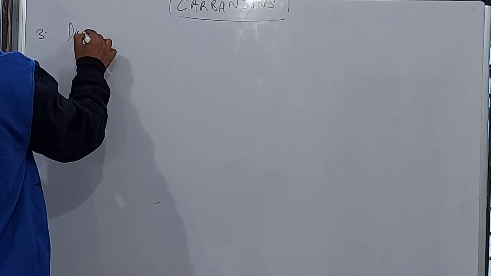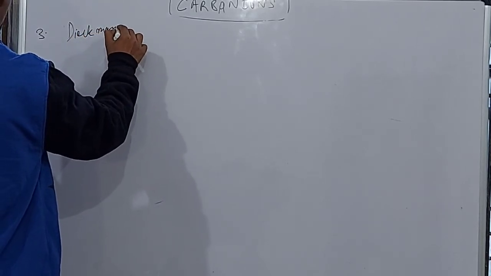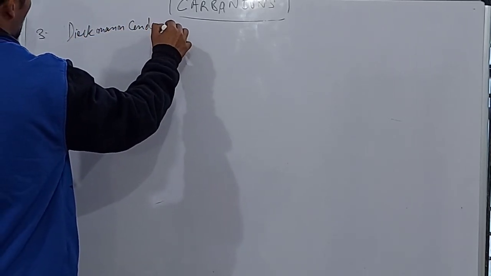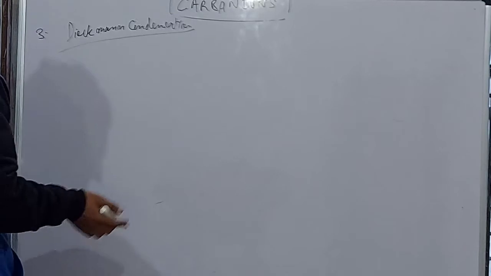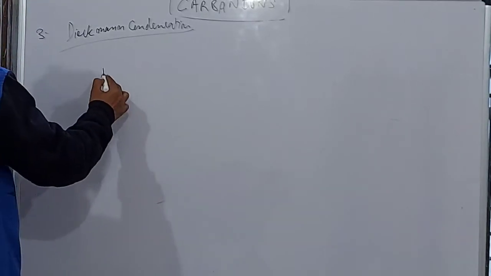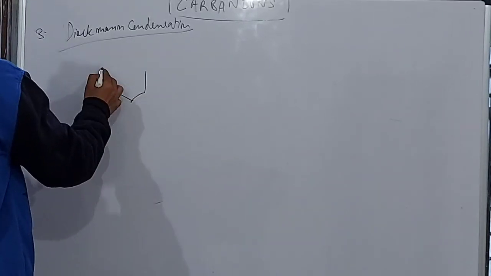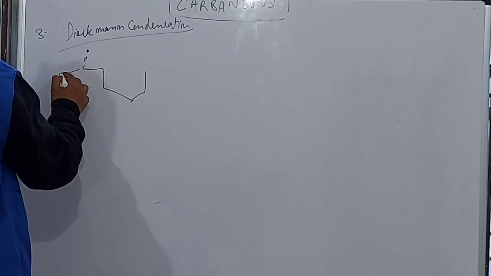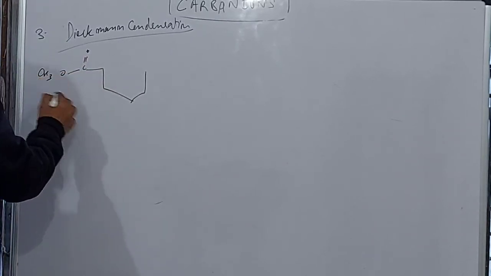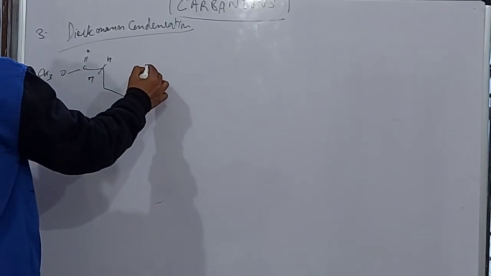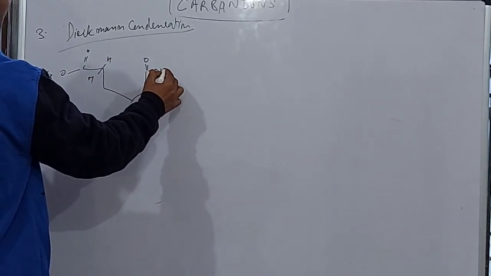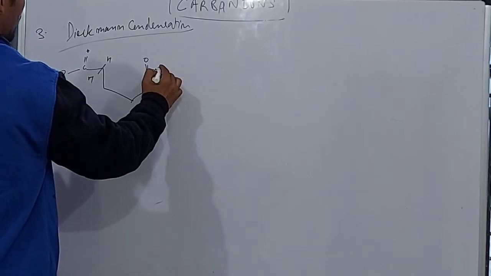Our next reaction in this list is Dieckmann condensation. In this reaction, by using a diester, we get a cyclic beta ketoester. Suppose we have a diester in the form C double bond O CH3, and here hydrogen, and at this side also there is an ester.